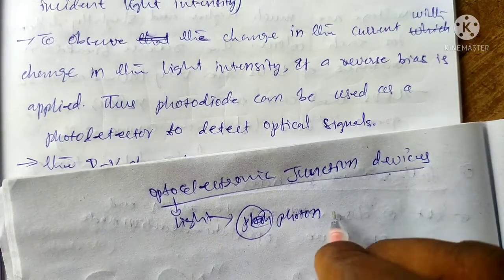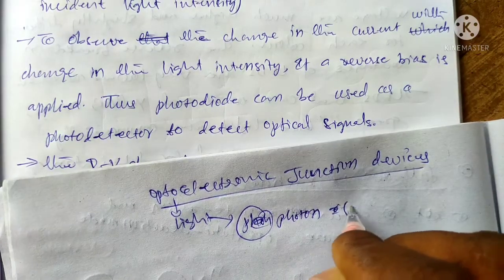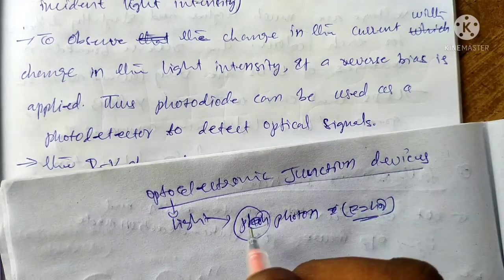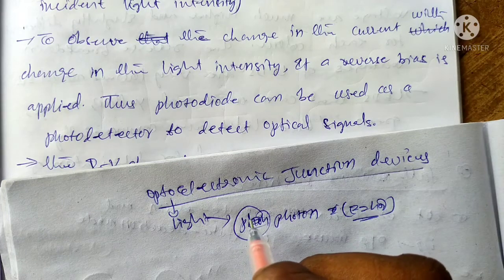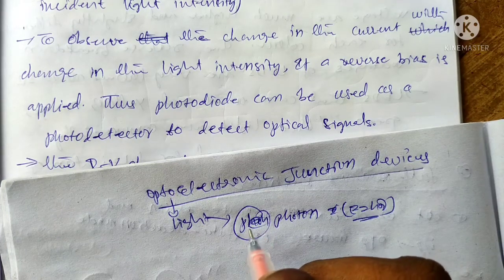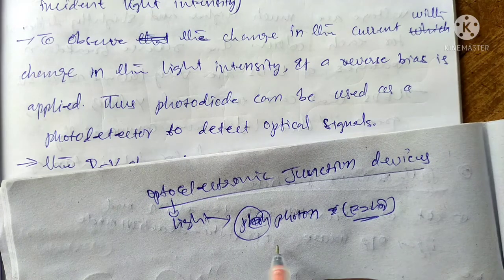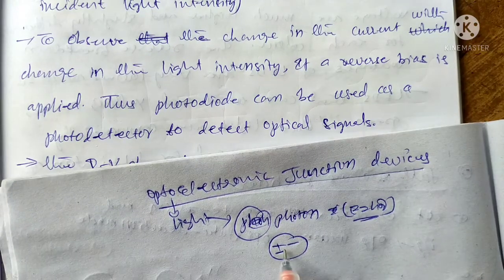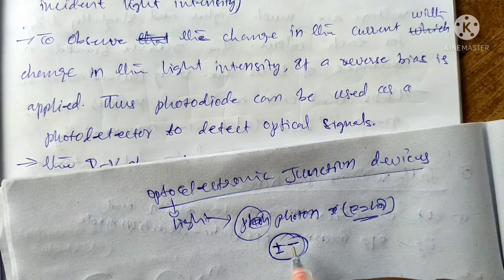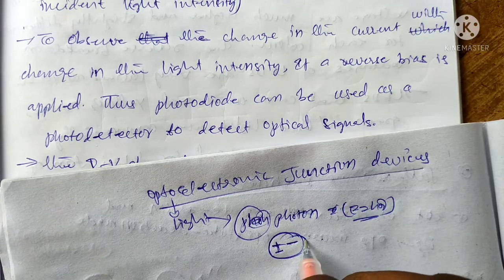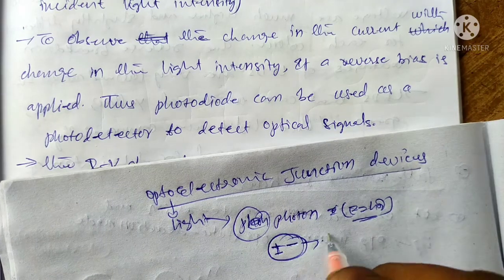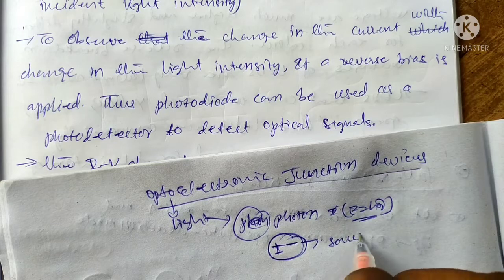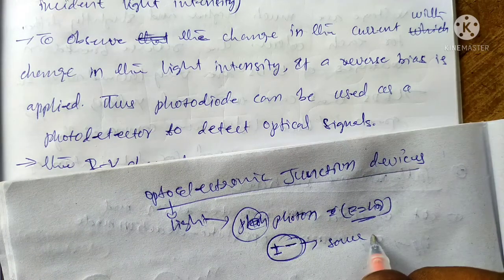The photon has energy equal to h nu, which is used in semiconductor diodes. In a semiconductor diode, electron hole pair generation can occur, that is, a combination of a positive hole and an electron. In some types of materials that exhibit electron hole pair generation, some amount of energy is released.